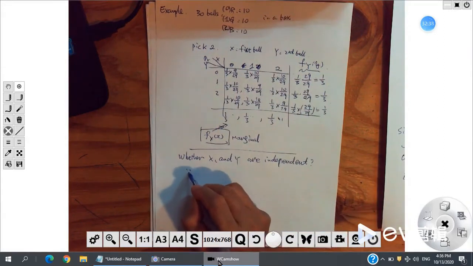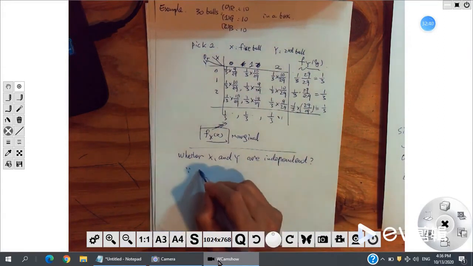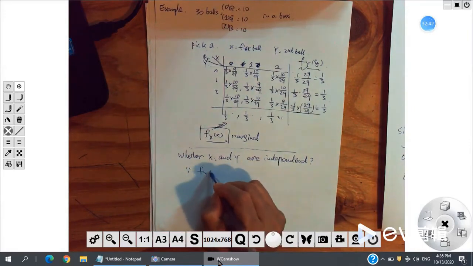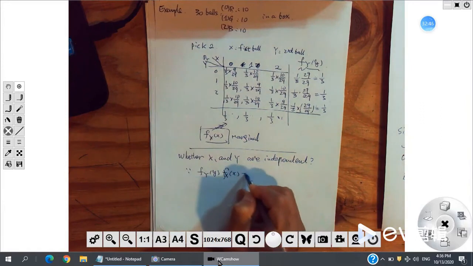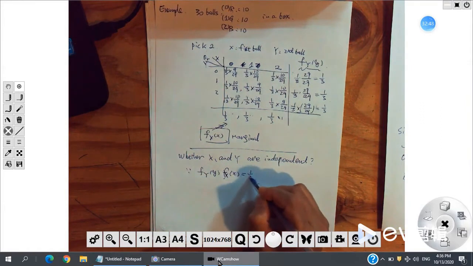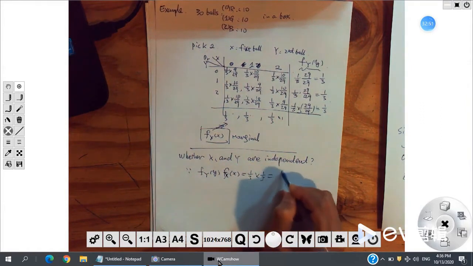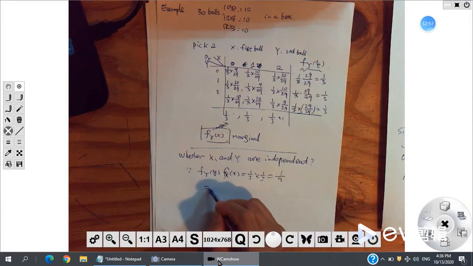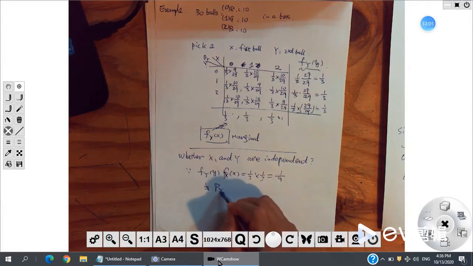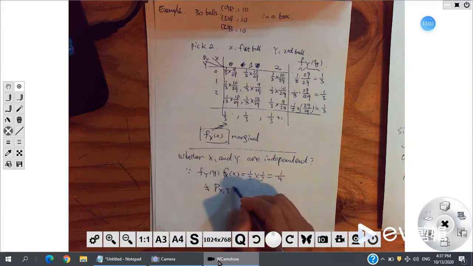So we say, because the marginal of Y times the marginal of X is just 1/3 times 1/3 equal to 1/9, and these do not equal the joint probability mass function.